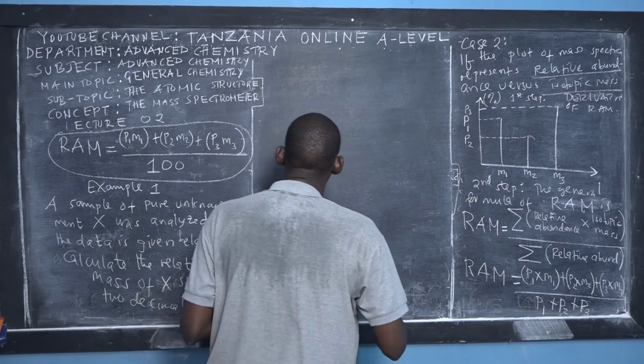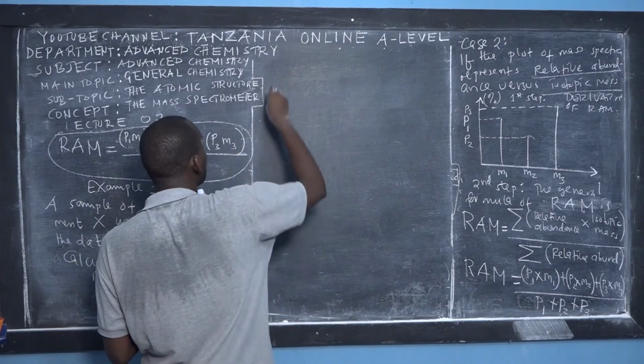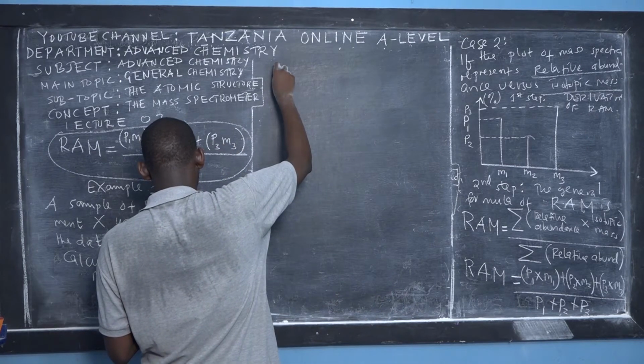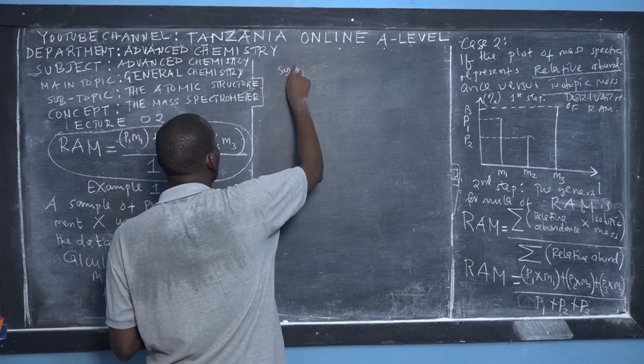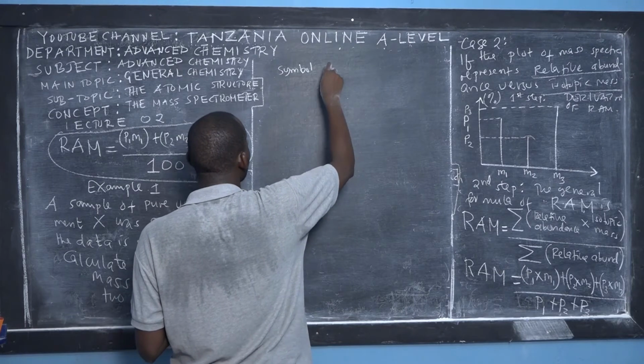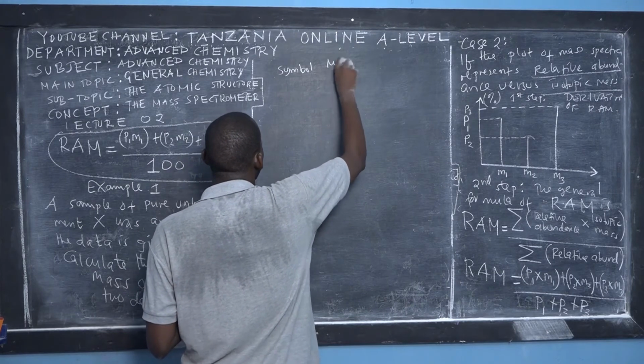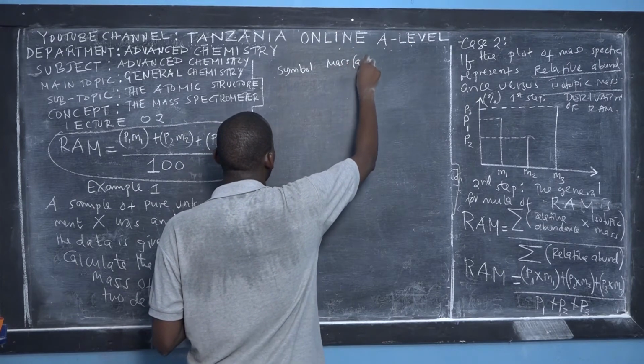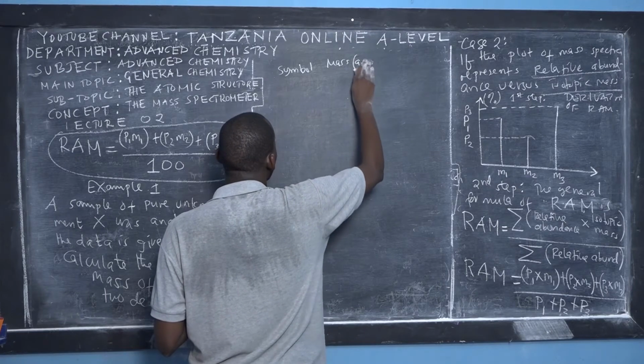So you'll be given a table like this. This is the symbol of isotope. This is mass to charge ratio in atomic mass unit.